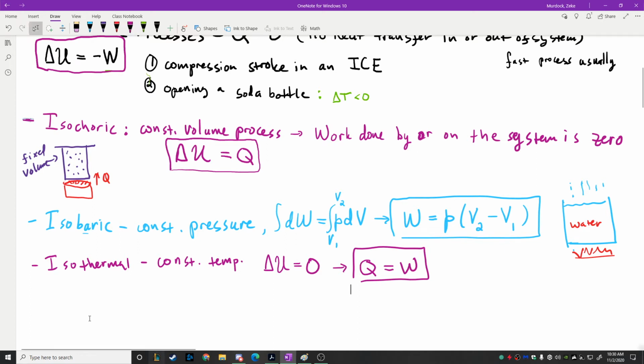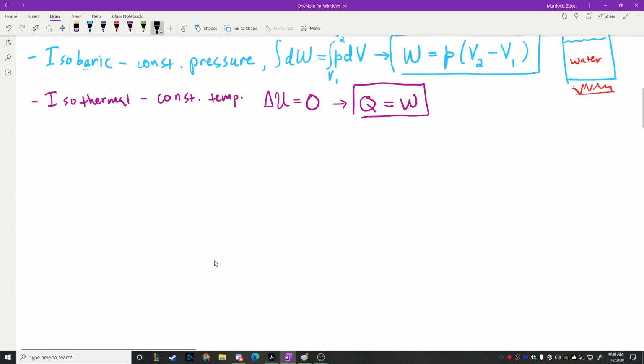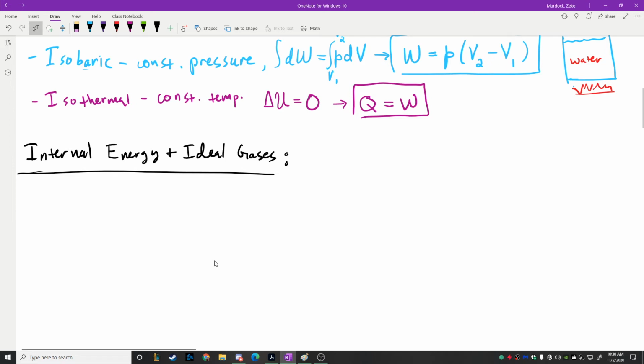All right, so the next topic is internal energy and ideal gases. So this is going to be kind of an important idea that we're going to take with us and use from time to time to do little proofs.